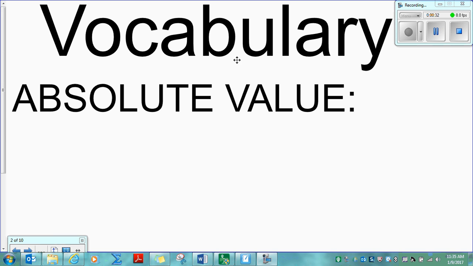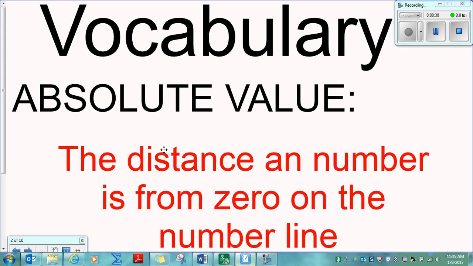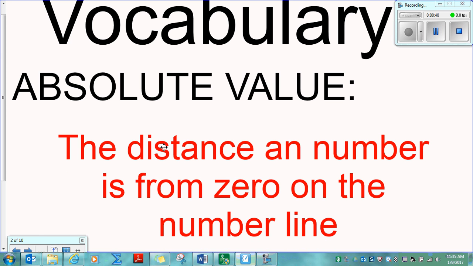Vocab! Very, very big vocab. So our only vocab is to remind you what an absolute value is. It is the distance any number is from 0 on the number line. Something to remember: 0 is smack dab in the middle of our number line, which means a distance can be in front of it or behind it.